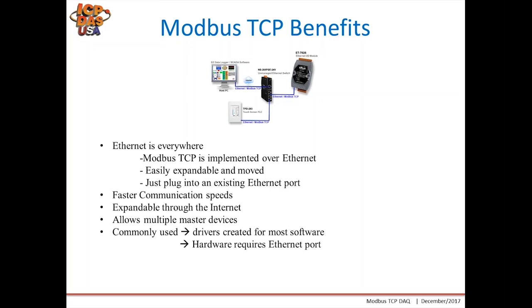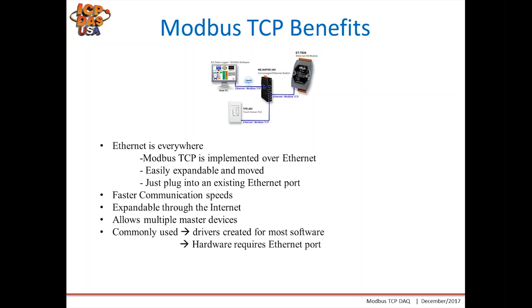There's faster communication speeds because Ethernet communication is fast, and you can expand to additional devices through the internet as well. Modbus TCP allows you to have multiple master devices polling any of the slave devices on the network, unlike Modbus RTU.